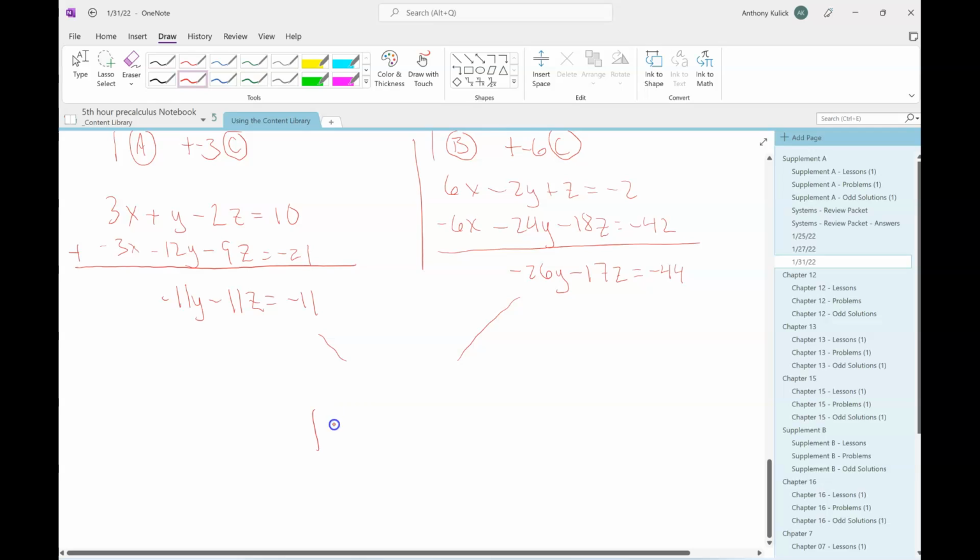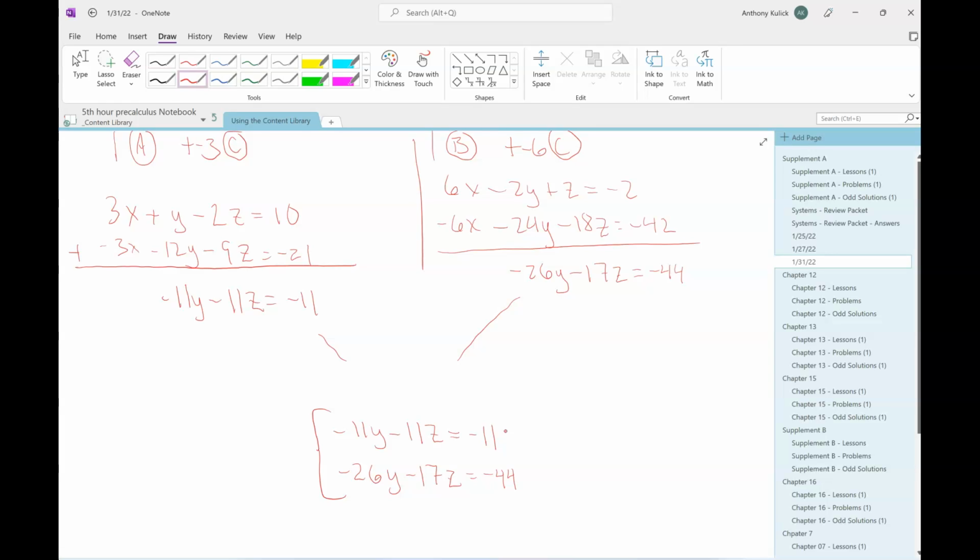So I take these two and make myself a new system. And I got kind of a yucky looking system here, right?